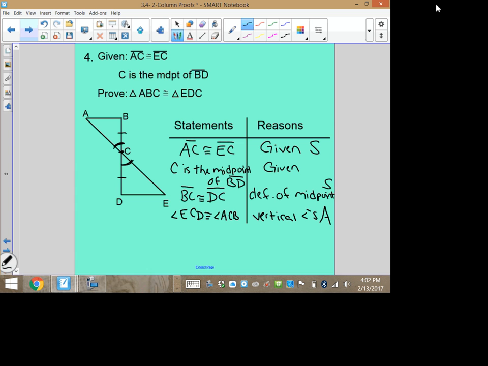And note that's an angle. So now I was given that AC was congruent to EC, and you can see that I have a side, an angle, and another side. So I can conclude that triangle ABC is congruent to triangle EDC by side, angle, side.